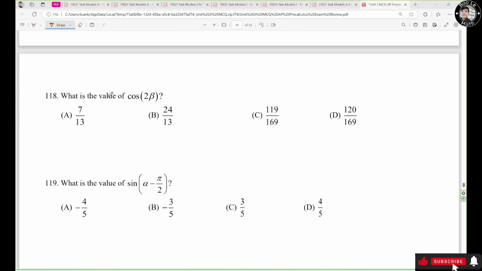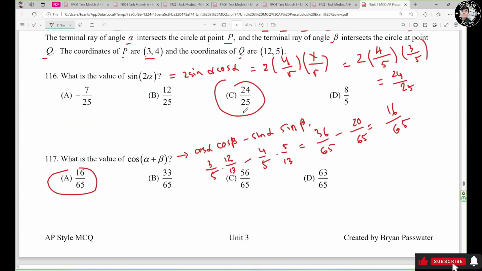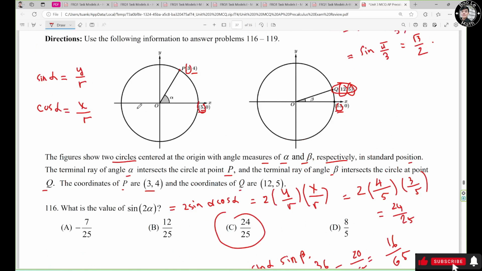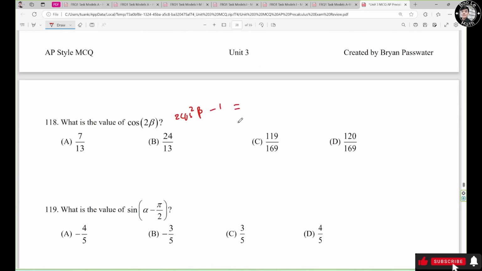Now question 118. Cosine of 2 beta is going to be 2 cosine square of beta minus 1. Now, you know that cosine of beta is going to be s over r. S equals 12, r equals 13 right here. So you have 12 over 13. So you have 2 times 12 over 13 all squared minus 1.